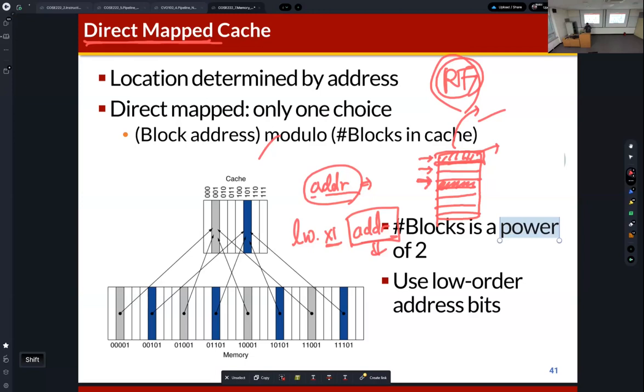So what does that mean? Let us assume that the address is 0x11110010. Okay, and if we use the load word instruction, then the load word instruction transfers 4 bytes of data.